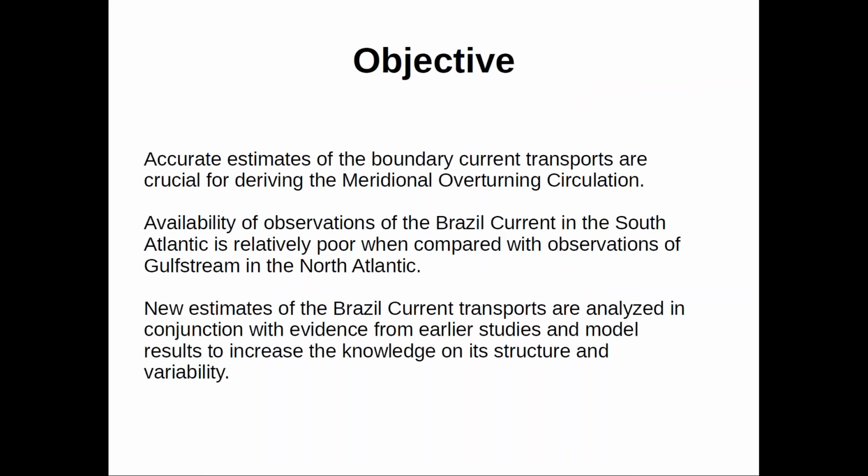I think everybody agrees we need good estimates of the boundary current transports to derive the meridional overturning circulation. The objective of this study was to look at how well we can do it with the Argo and SSH product.